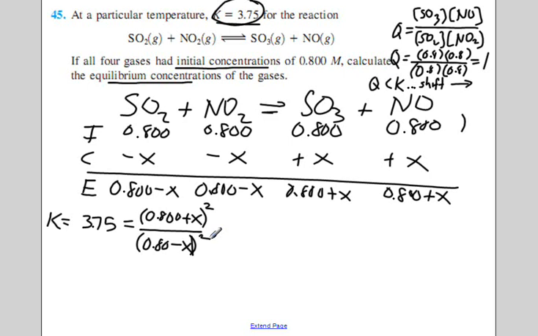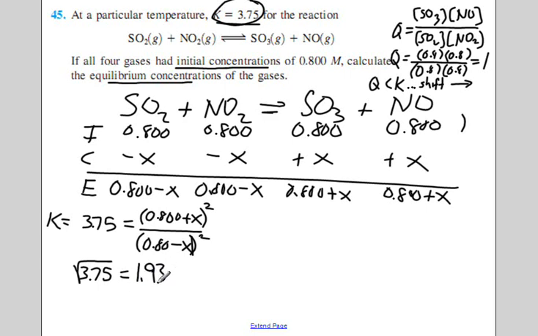So square root of 3.75, someone give me that on a calculator, please. Sorry? 1.93.